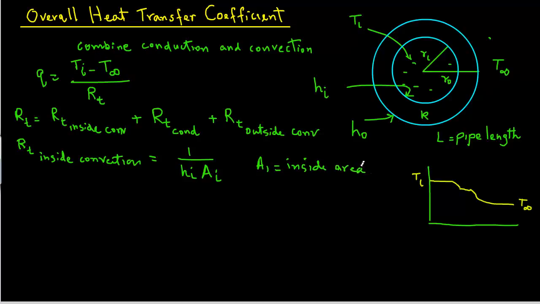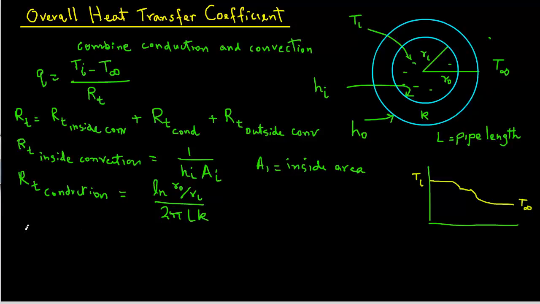Then the thermal resistance for conduction can be written as RT conduction equals natural log of Ro over Ri divided by 2 pi kL, where L is the length of the pipe.